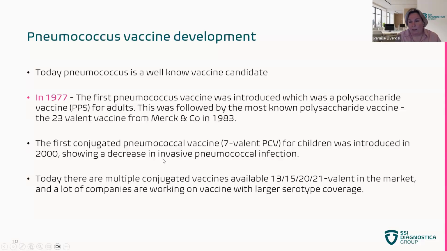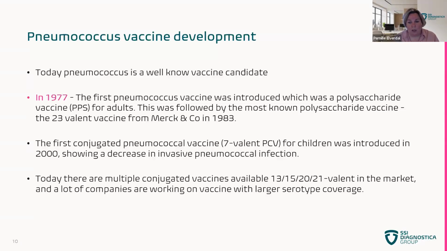What we saw was that we were now protecting the elderly population with the polysaccharide vaccine, but we were still not seeing the full effect of the vaccine. So that led to looking at the children, because the children are the carriers of the pneumococcus and are affecting the elderly population.